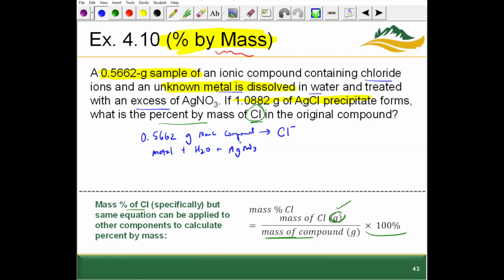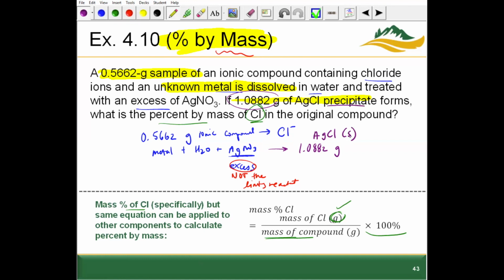AgNO3. If you remember the limiting reactant idea, because this is in excess, it is not the limiting reactant. We're told from all of this that we get 1.0882 grams of AgCl precipitate.